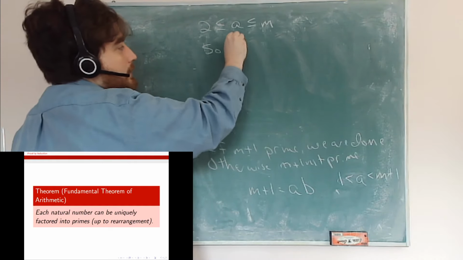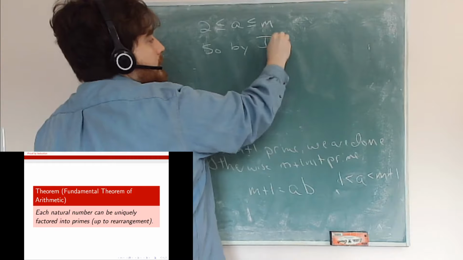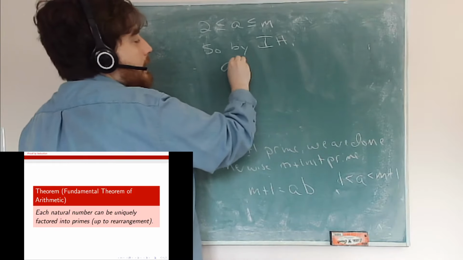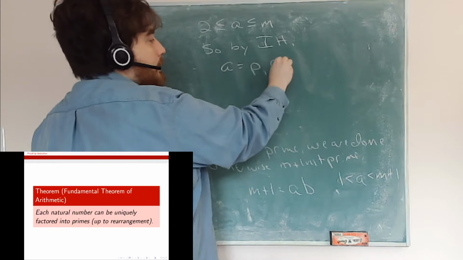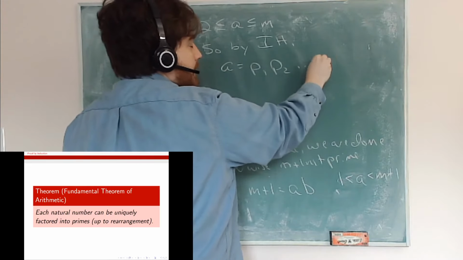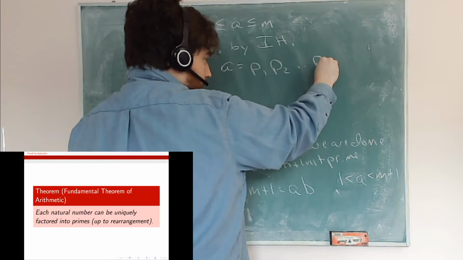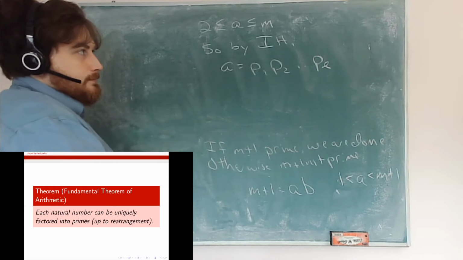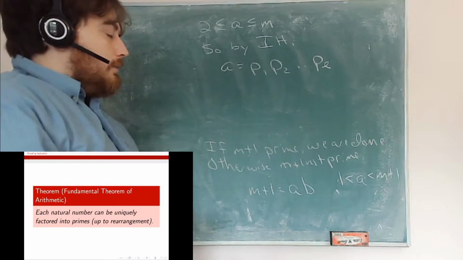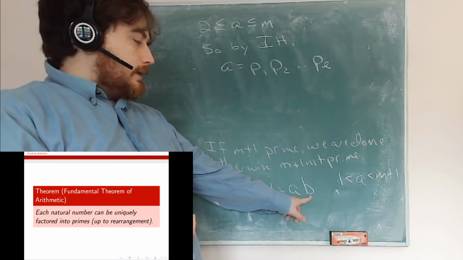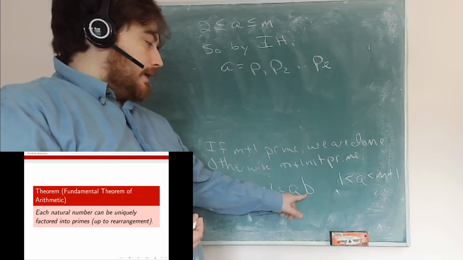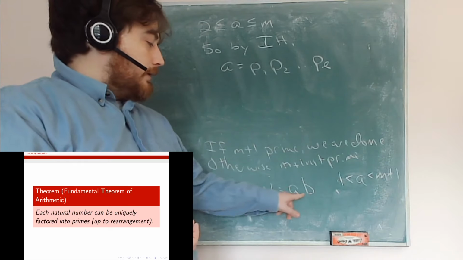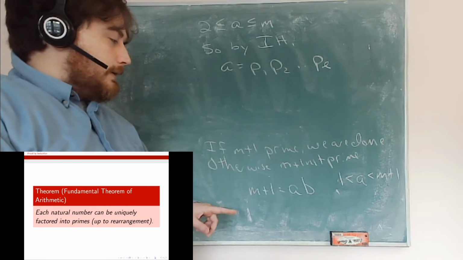So, by our induction hypothesis, a is equal to some prime 1, prime 2, let's say prime L. However, what we also get is that since a times b is m plus 1, b also divides m plus 1.